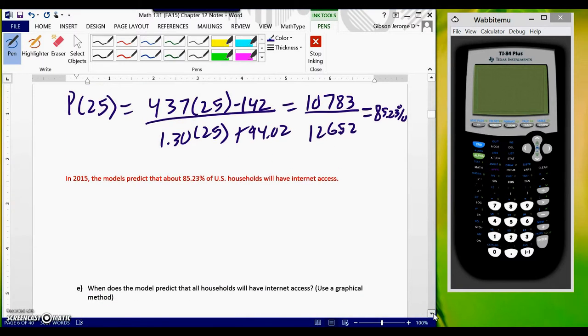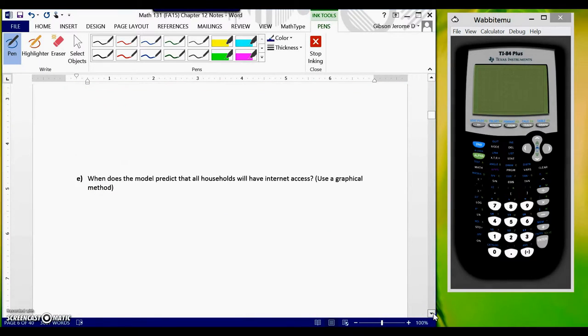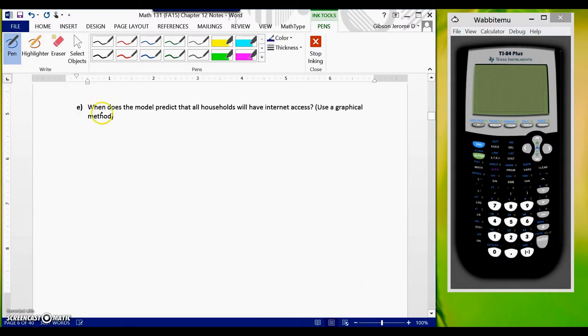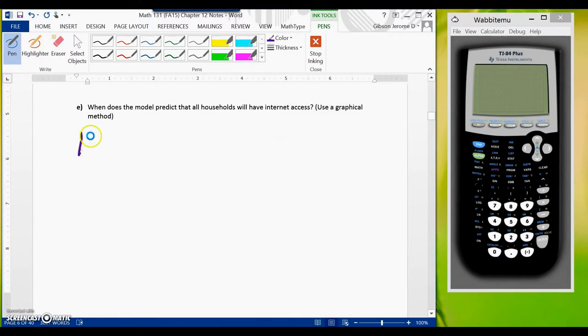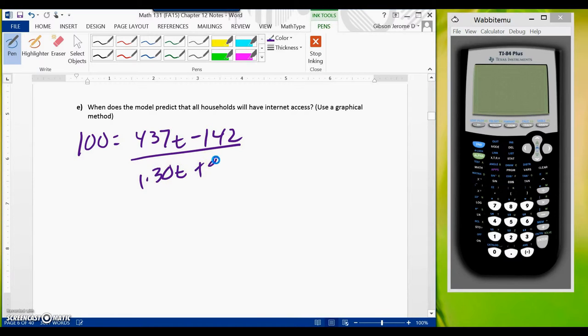Okay, now scroll on to E here. It says, when does the model predict that all households will have internet access? Use the graphical method. Okay, so now we have 100, which would indicate 100%, equals 437t minus 142 all over 1.30t plus 94.02.